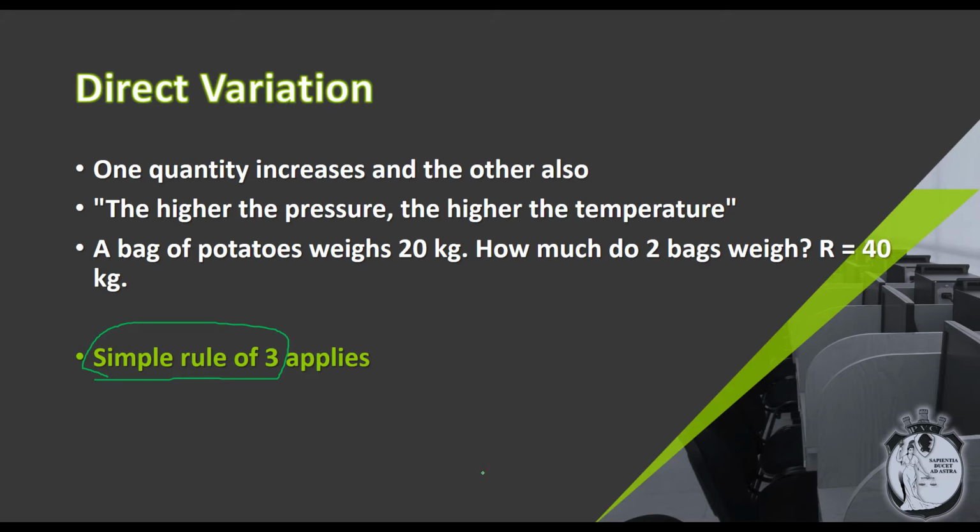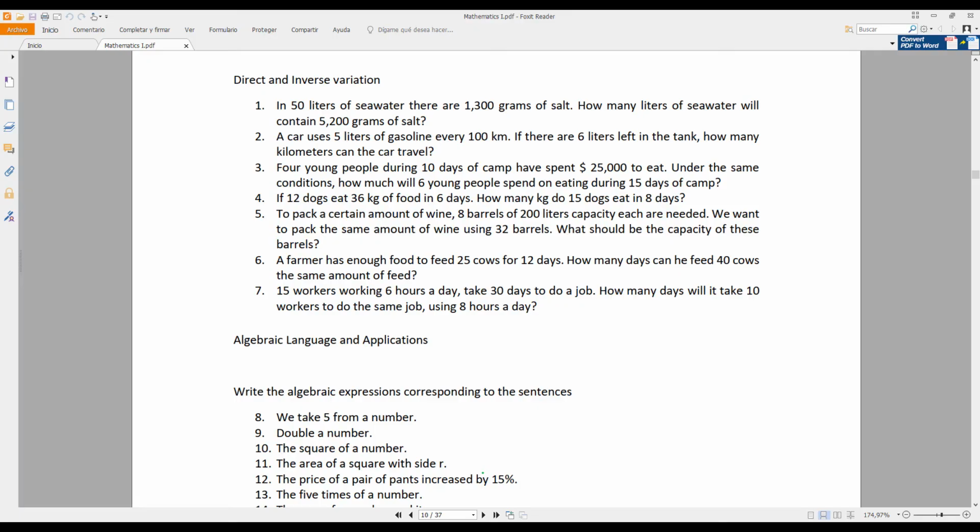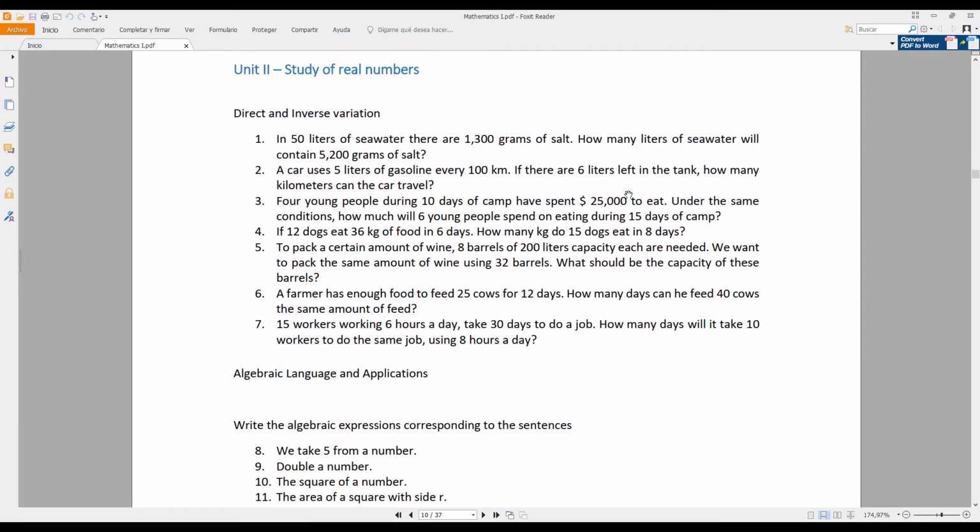For example, here we will solve exercises about unit number 2, direct and inverse variation. The first one: in 50 liters of seawater there are 1,300 grams of salt. How many liters of seawater will contain 5,200 grams of salt?